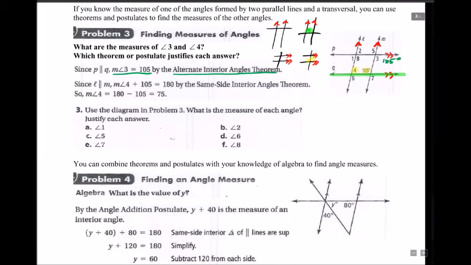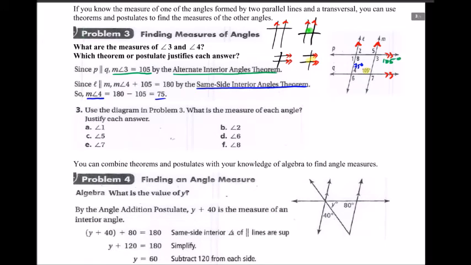Well, which angles are those? Those angles are same side interior angles. And what do we know about same side interior angles? We know that they are supplementary. So we can find out that the measure of angle 4 is 75 degrees. I'm going to take out my transversal there. Okay, so we have those labeled.